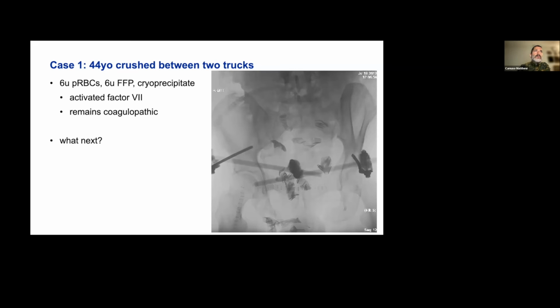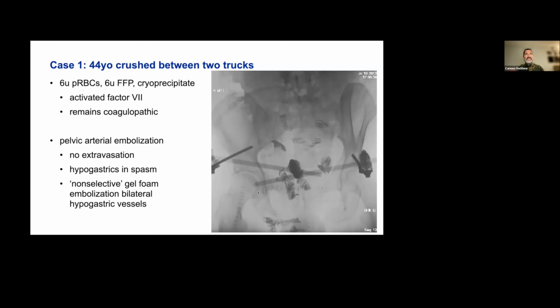Despite this, he's still having trouble. He's got more blood, more factors, and he remains coagulopathic. I don't want to belabor this case too much, but he now goes to angiography where, remarkably, they don't find any active extravasation, but lots of spasm where you'd expect it in the posterior part of the pelvis.